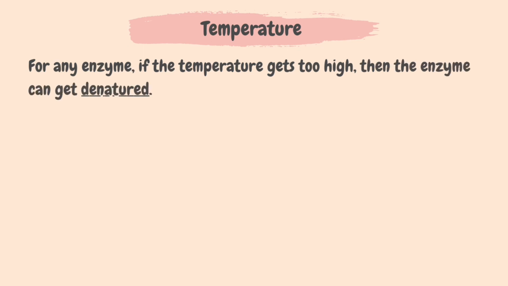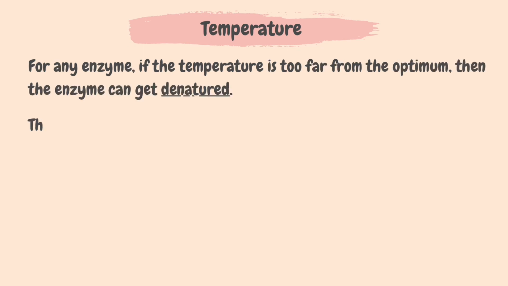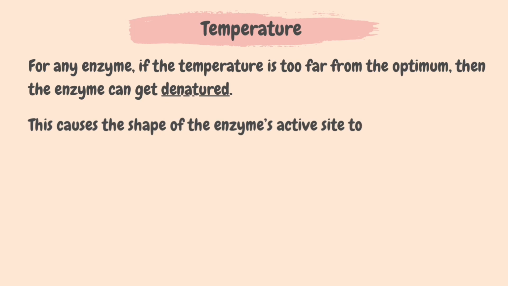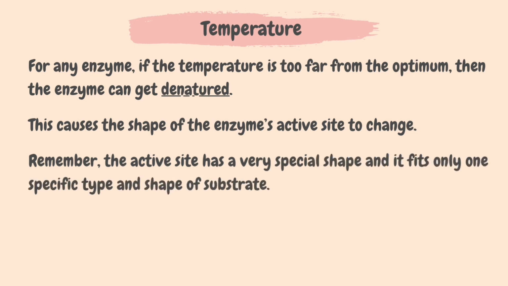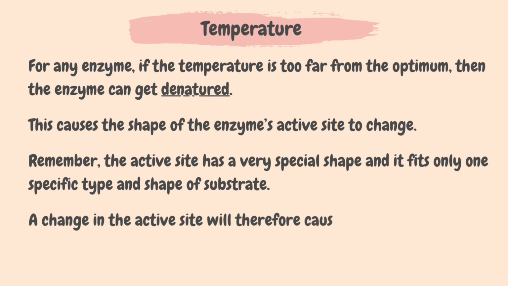This means that the bonds in the enzymes will break, causing the shape of the enzyme's active site to change. Remember, the active site has a very special shape and it fits only one specific type and shape of substrate. A change in the active site will therefore cause the enzyme to stop working.